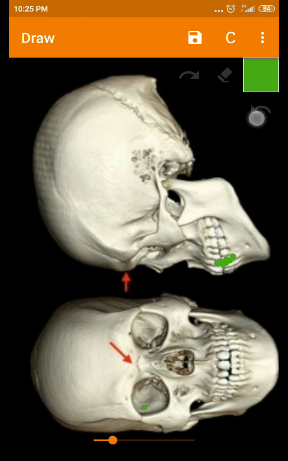Here you can see, if two teeth are in contact, forces occur in pairs. Some forces are created between these two, and that force is transmitted to the temporomandibular joint. So the force coming from the maxillary teeth is transmitted again to the joint, and it increases the intra-articular pressure.